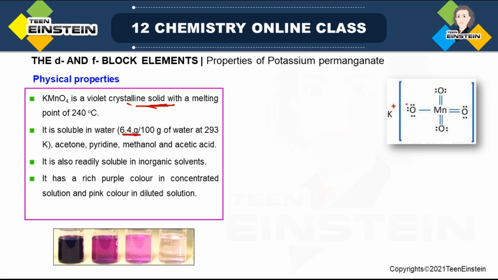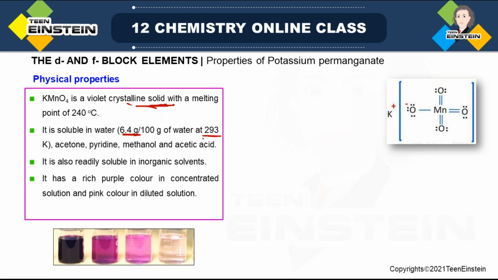That is also mentioned here. 6.4 gram per 100 gram of water. This is a maximum limit. That is, beyond this limit you cannot dissolve it. Okay. And this is at 293 Kelvin, because we know that solubility is dependent on temperature. So whenever you mention the solubility, as we have done here, 6.4 gram per 100 gram of water, you must mention the temperature also.